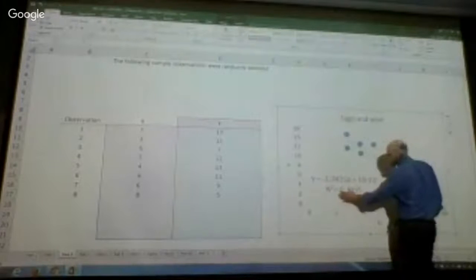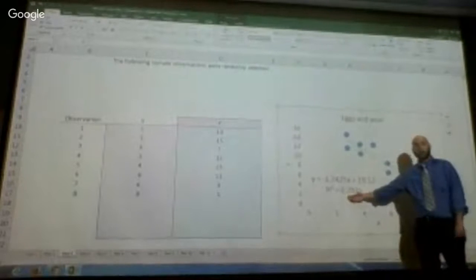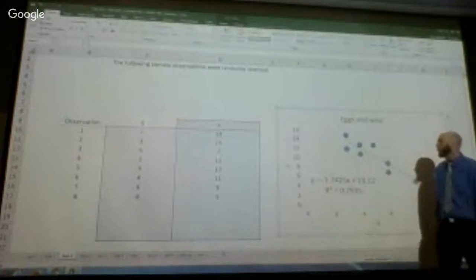The R is going to be either positive or negative square root of R squared. If there's a question that says what's R squared, look at where it says R squared. One of these is A, one of these is B. Which one is A?